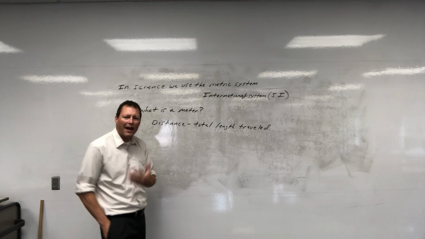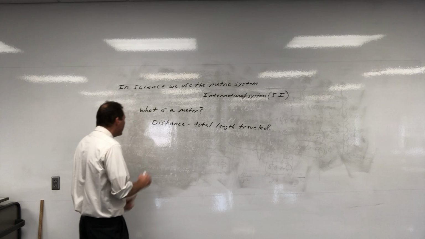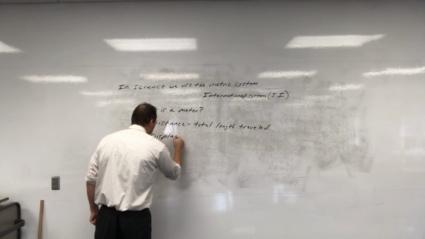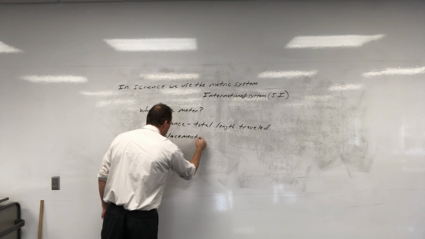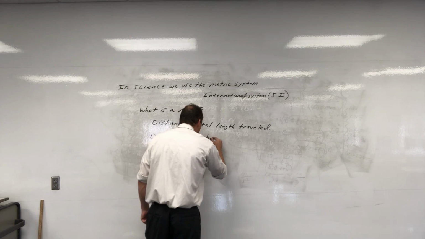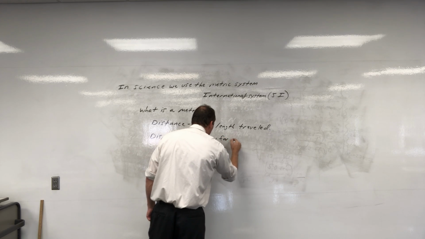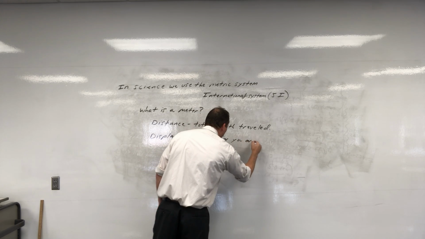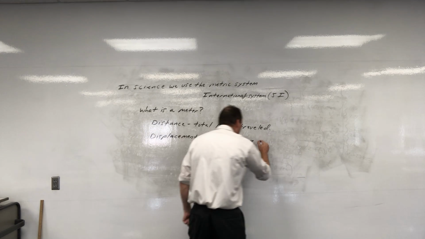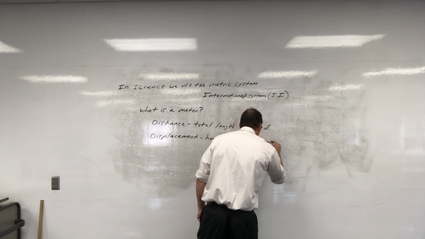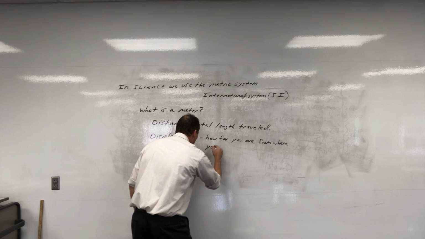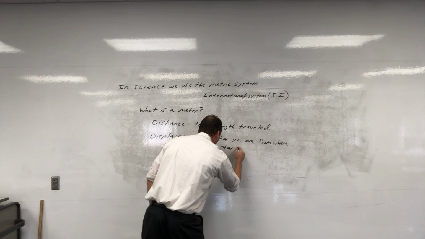All right, let's go ahead and contrast that with displacement. Now, displacement is how far you are, and when I say you are, I mean any object, from where you started.